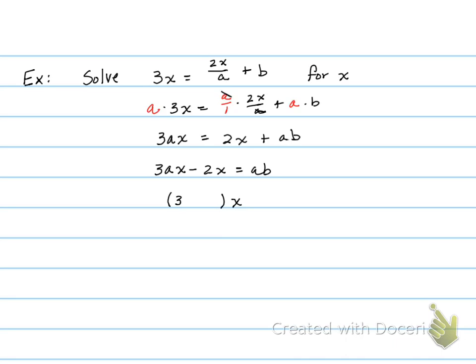The x's are what we're counting, so what's the coefficient of x in this term? 3a minus 2. There you go, good. Equals ab, divided by 3a minus 2. So x equals ab divided by 3a minus 2.